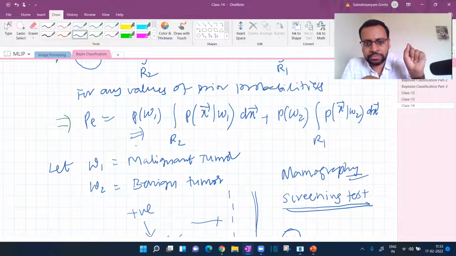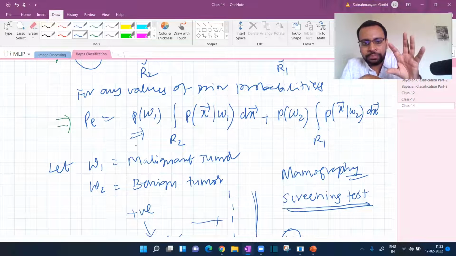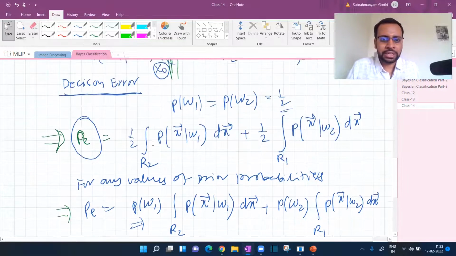Is my statement clear? The first term here is giving you the penalty that will be applied when you are misclassifying a feature vector from W1 to W2. Is that not all that is happening here?